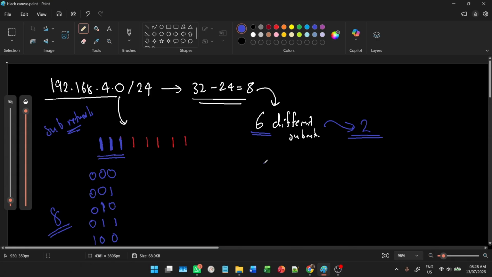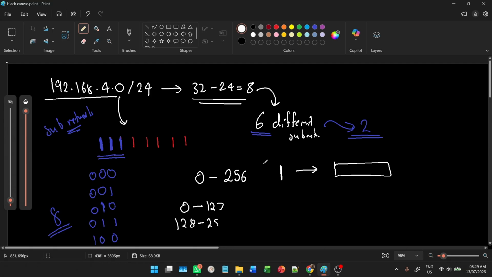So instead of thinking in this manner, there's an easier manner to think of this problem. Let's say that we have blocks of 256, 0 to 255, a singular block of 256. That only gives us one block. That only gives us one entire address set. We can't have it. Let's say we have 0 to 127, 128 to 255. That gives us 2 blocks.